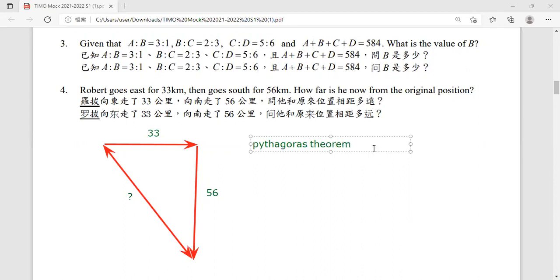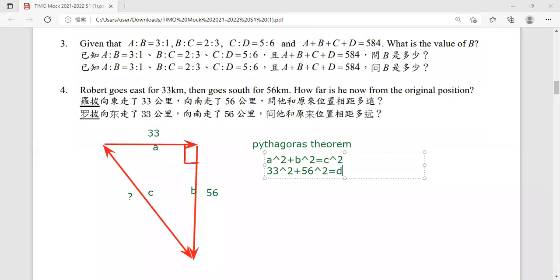Maybe I will talk about this one. If I have a right angle triangle with sides A, B, and C, the relationship will be A squared plus B squared equal to C squared. So you just substitute 33 squared plus 56 squared is equal to the distance squared.